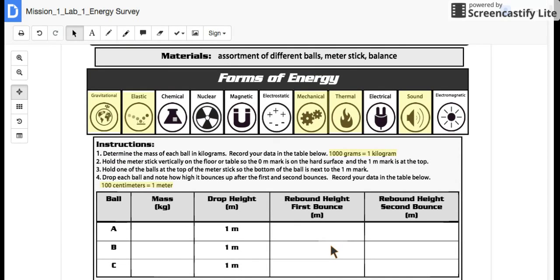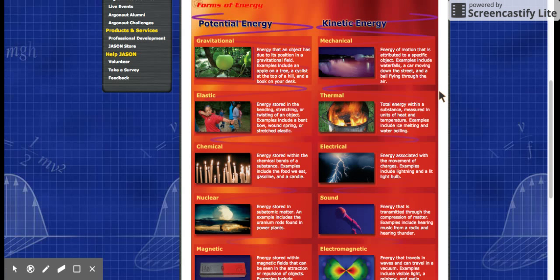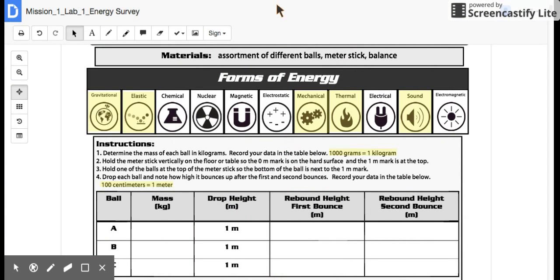This is a good time to point out that for this portion and all the other portions that deal with this, page 13 of your book is really good. Make sure you reference it as you go through, because it explains each one in detail and is quite helpful. All right, back to the lab.